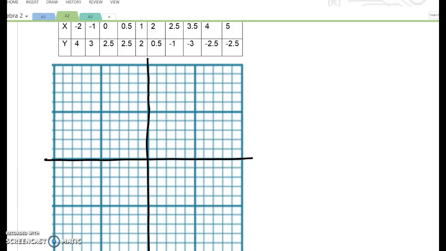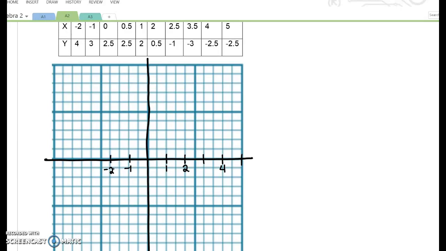So would that fit if we made this 1, 2, 3, 4, 5, our X values go up to 5, that works. You don't have to label all of these. I like to label at least the even numbers. And then we've got -1, -2. That's all the farther we need on the X's.